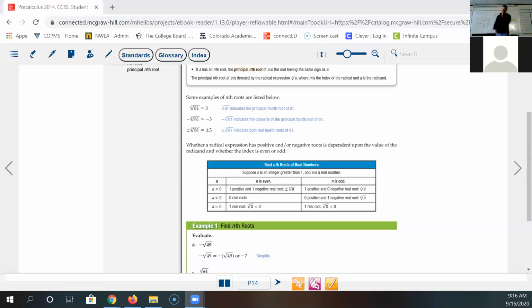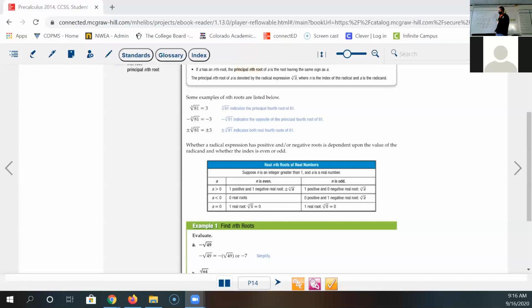It's like taking negative 3 to the 4th power. We'd have negative 3 times negative 3, which would give you 9. And then we would take negative 3 times 9, which would give you a negative 27. But then we would take negative 27 times negative 3 again to get a positive 81. So the exponent value determines how many times we're going to multiply this against itself.